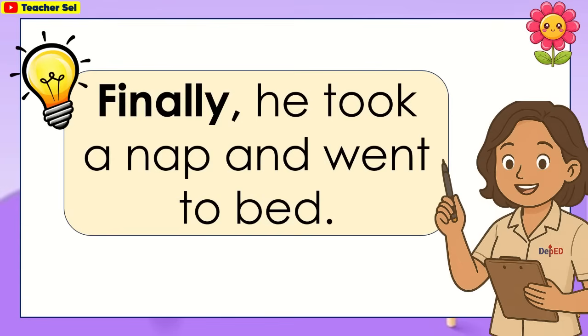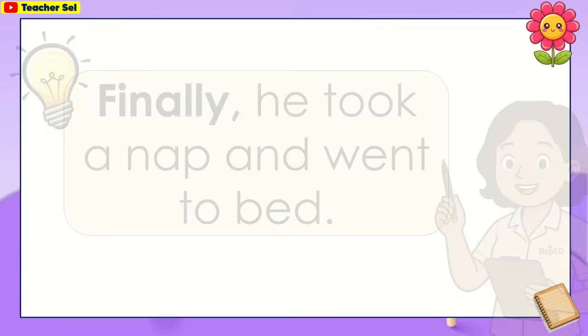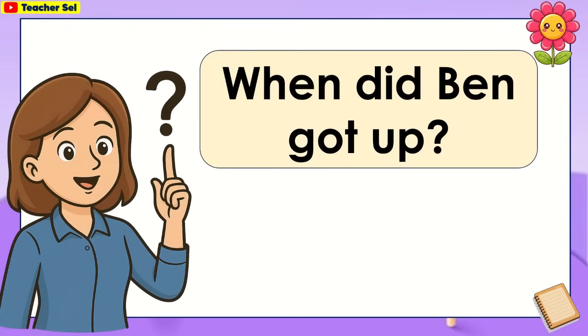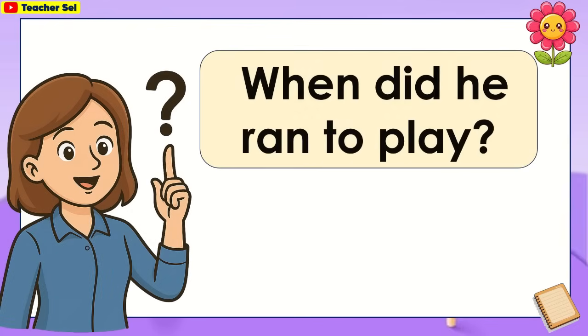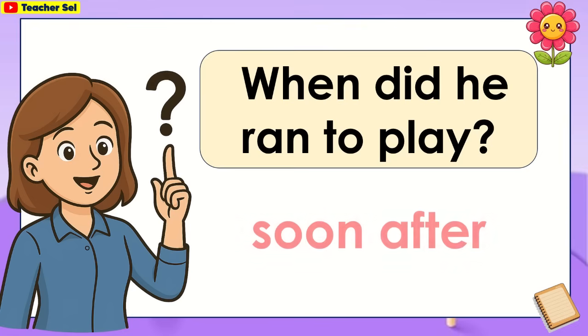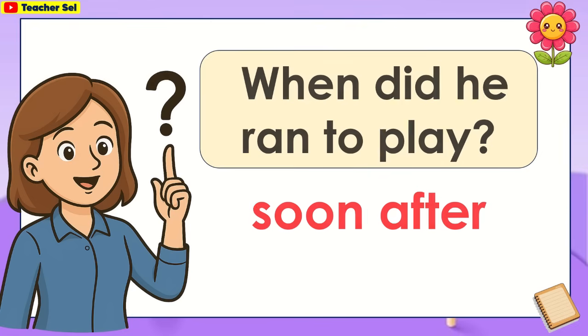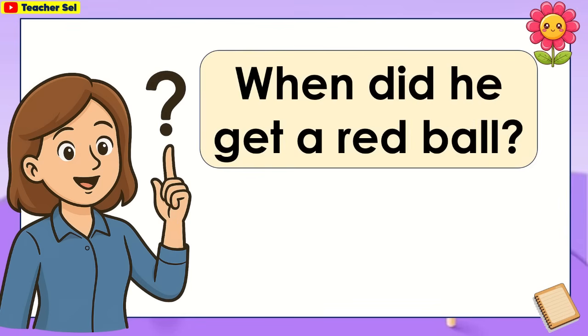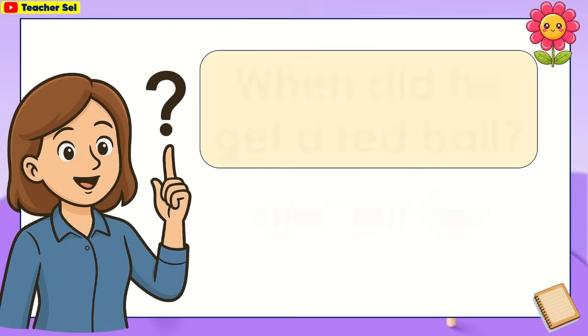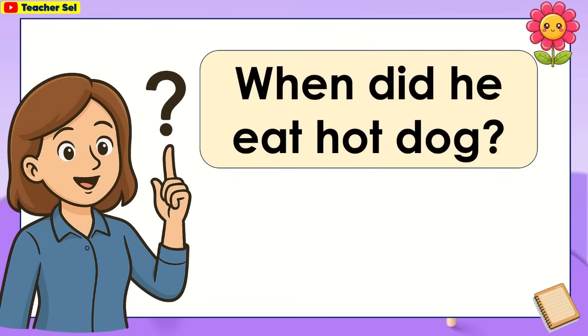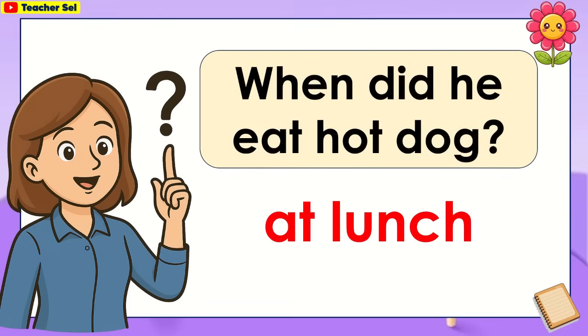Finally, he took a nap and went to bed. When did Ben get up? One morning. When did he run to play? Soon after. When did he get a red ball? Later that day. When did he eat hot dog? At lunch.